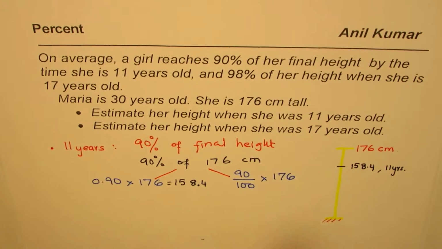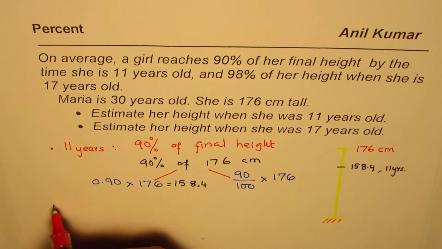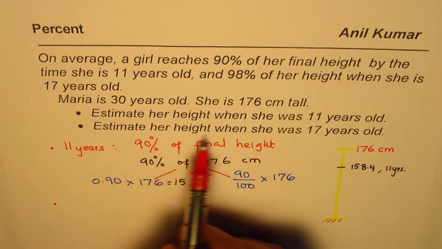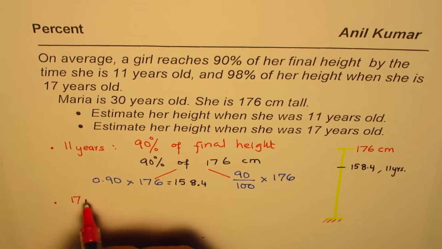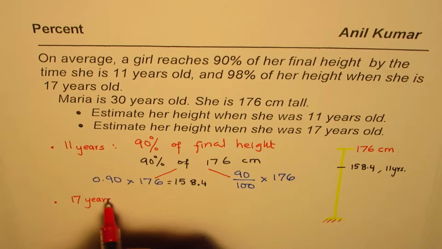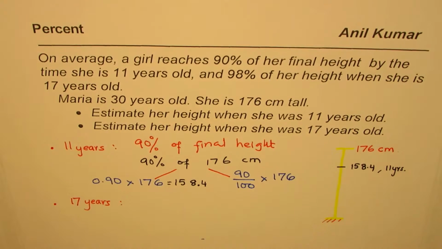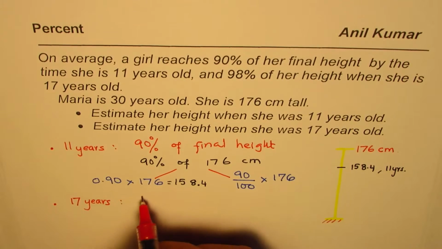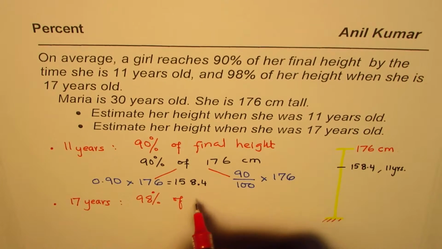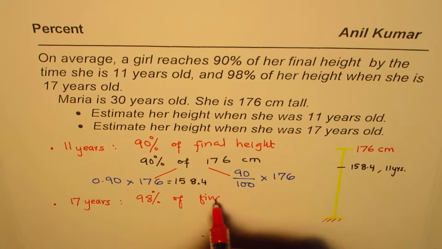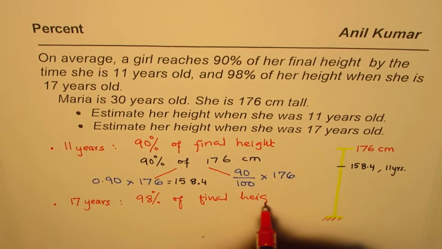Now the second part of this question is, estimate her height when she was 17. When she was 17 years. So it was lesser. How much was it? It was 98% of her height, right? So it was, let me write down here, 98% of final height, right? Of final height.